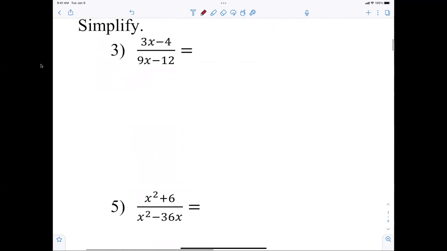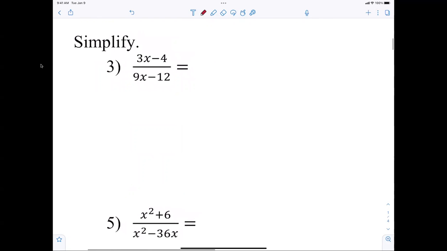In this particular case, several of you forgot that your first step is always look for GCF. So what is the GCF? 3, on the bottom. So factor out a 3, and you're left with 3x minus 4.